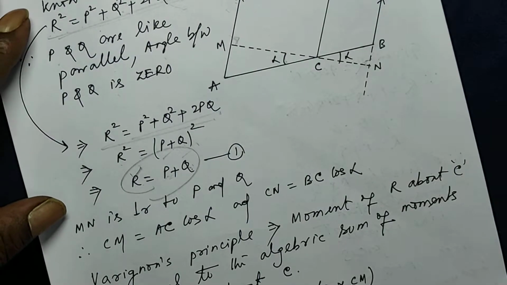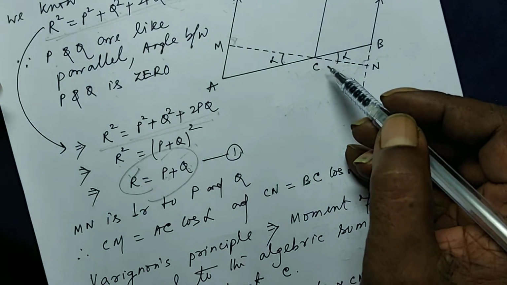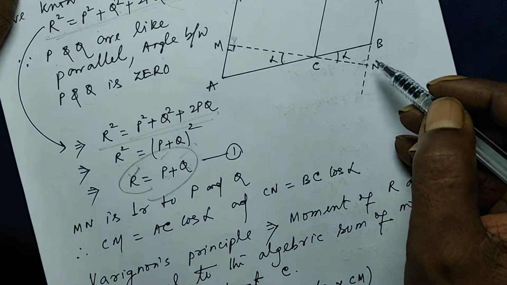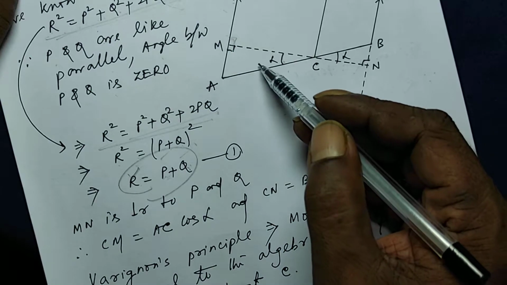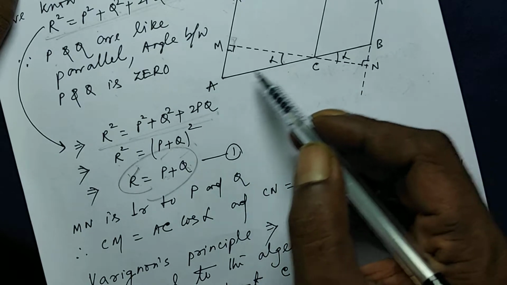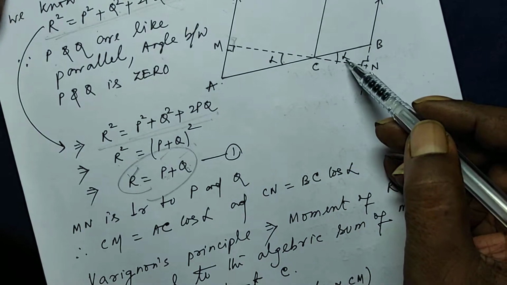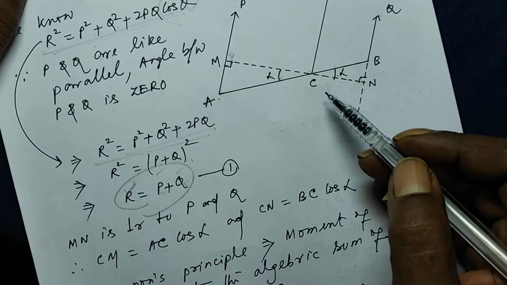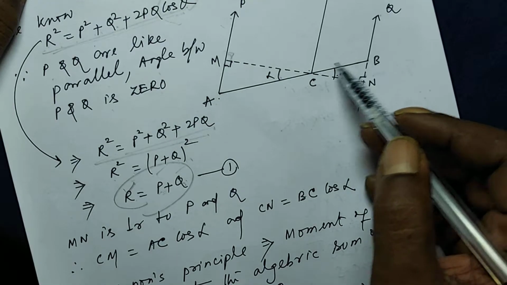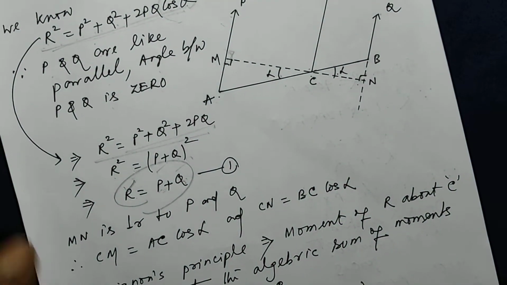Now if you take cosine of the angle in the triangle CMA, this being 90 and here this being 90, if you take cosine of this alpha, it will be base over hypotenuse, that is MC over AC. Similarly, if you take cosine of the angle alpha here, it will be base over hypotenuse, that is CN over BC.